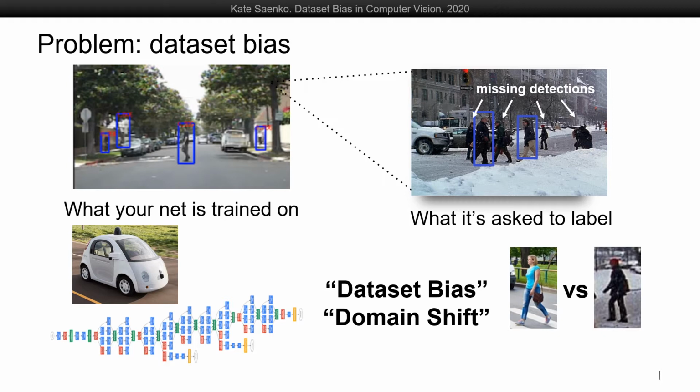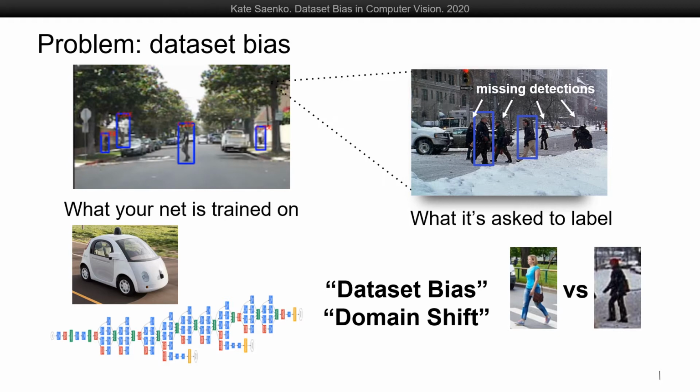The backgrounds look different again due to not having leaves or grass. People wear heavier clothing, they have hats and so on. So it's difficult to anticipate what exactly the cause will be that will change the data distribution. Otherwise, we could just try to anticipate that and design our model specifically to handle that shift.